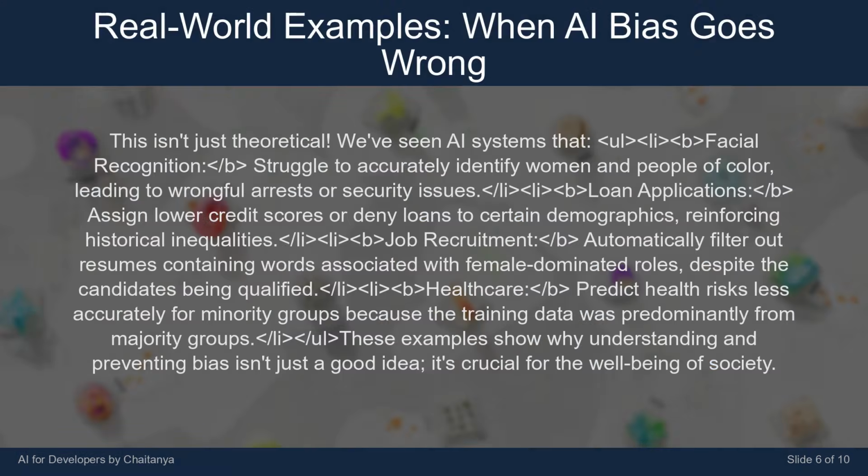This isn't just theoretical. We've seen AI systems that fail in real ways. Facial recognition: struggles to accurately identify women and people of color, leading to wrongful arrests or security issues. Loan applications: assign lower credit scores or deny loans to certain demographics, reinforcing historical inequalities.